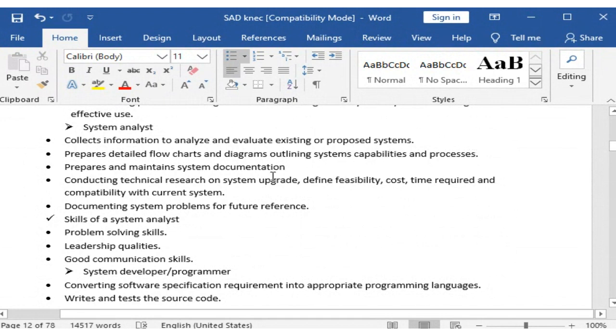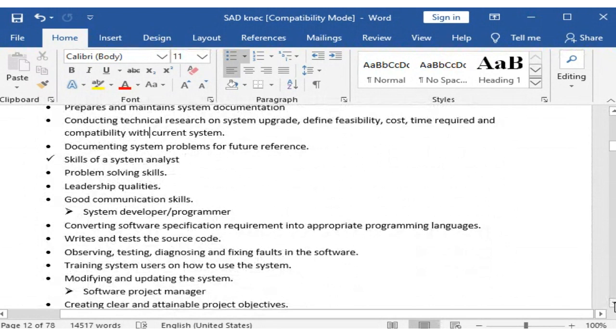Again, he prepares and maintains system documentation, conducts technical research on system upgrades, defines feasibility, cost, time required, and compatibility with the current system, and documents system procedures for future reference. Skills of a system analyst: number one, problem-solving skills, leadership skills, and good communication skills.